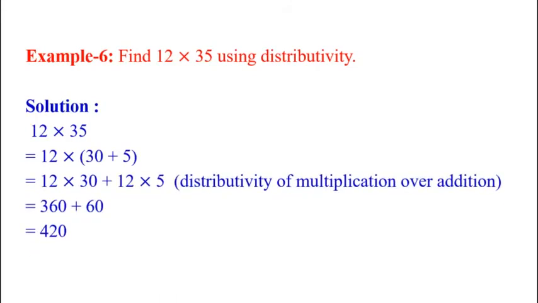By using distributivity of multiplication over addition, we can write it as 12 into 30 plus 12 into 5. So 12 into 30 is 360, and 12 into 5 is 60. So 360 plus 60 is equal to 420.